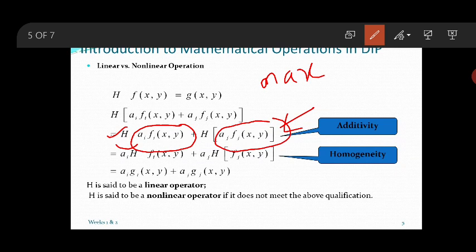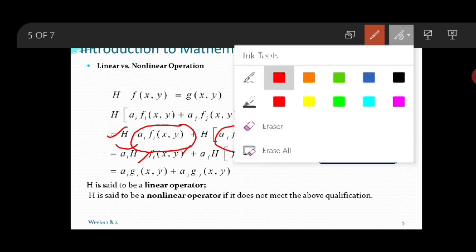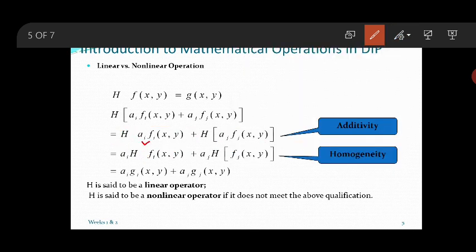These are the operations we are performing: either you perform the max operator on the fi image, then multiply with ai, and the max operator on the fj image, then multiply with aj.